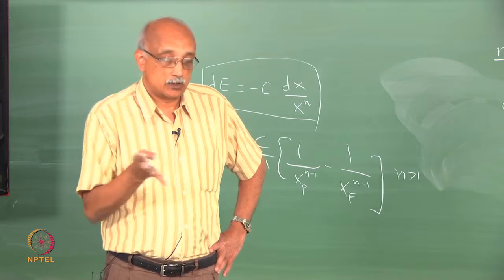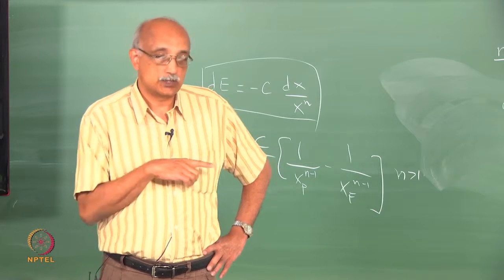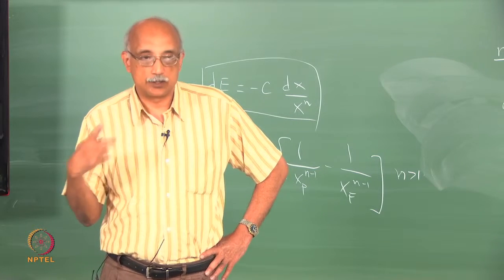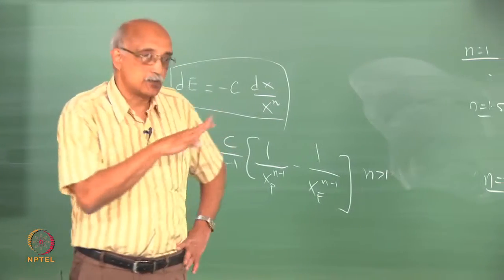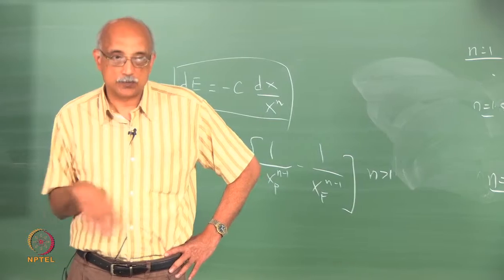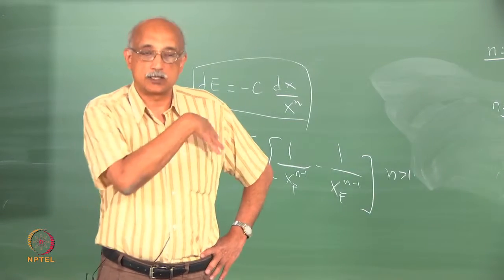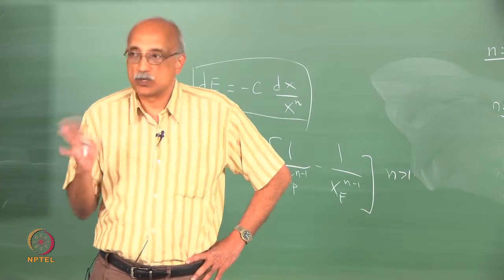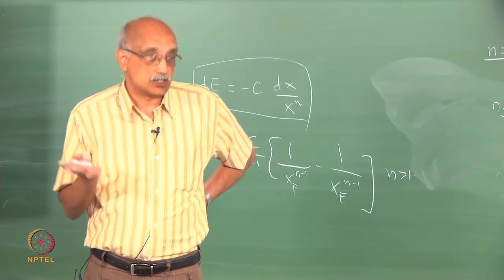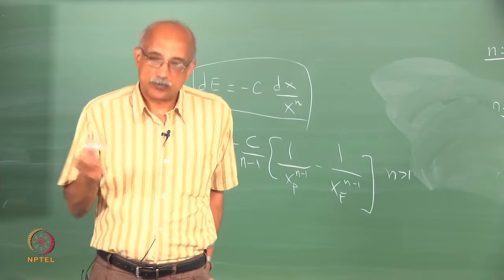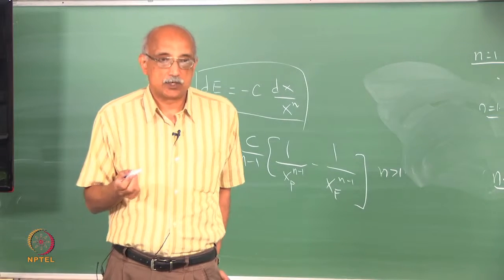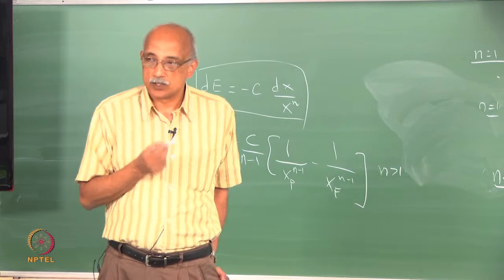By the way, in your mechanical operations lab, you will do this experiment where you will use a ball mill to do size reduction. You will track the product size as a function of energy input, and you will actually compare your data with these laws to see which one is the best simulation of your experimental data. So, hopefully, you will draw some conclusions at that time regarding the validity of some of these laws.